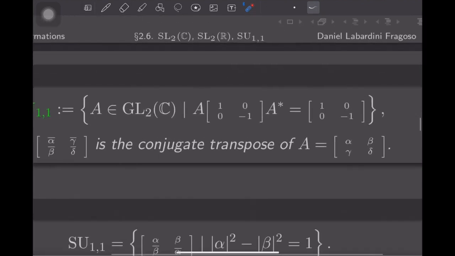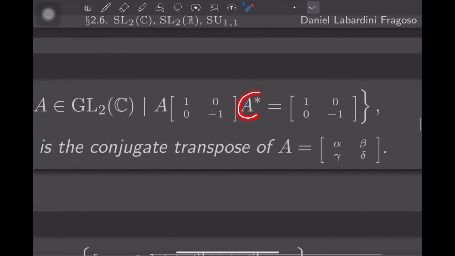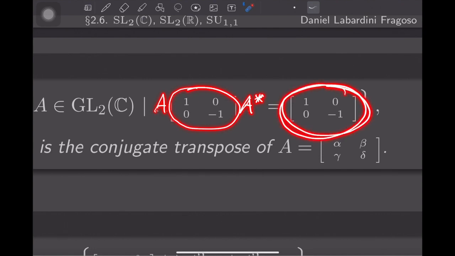Anyway, when I multiply this matrix with A and with this other matrix, I get this matrix. So it's all those A's that leave this matrix invariant under these operations.